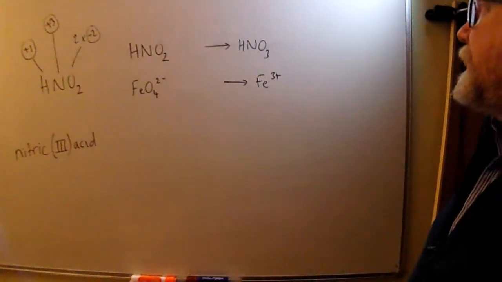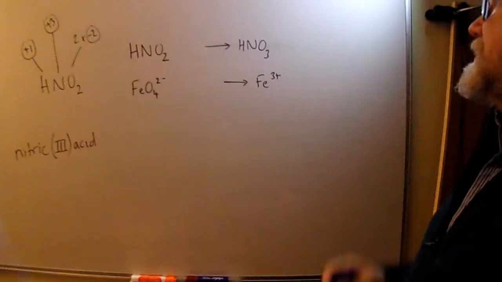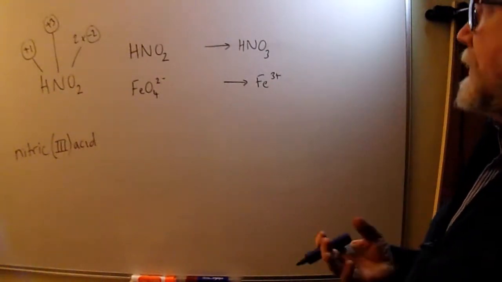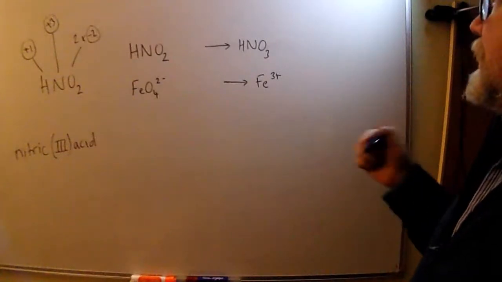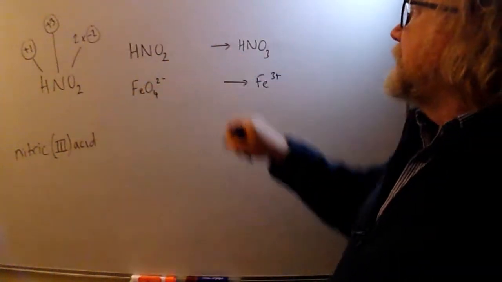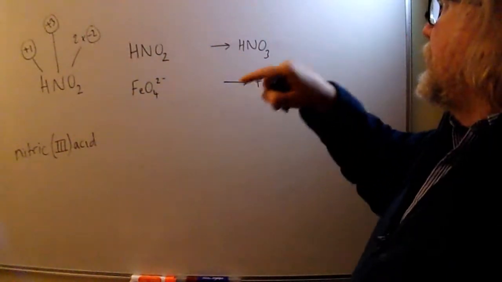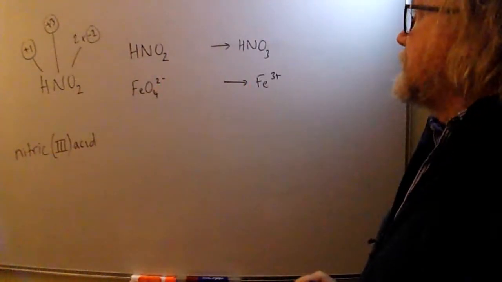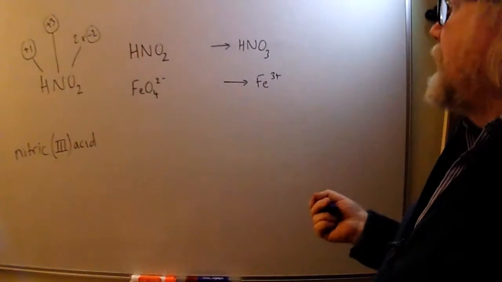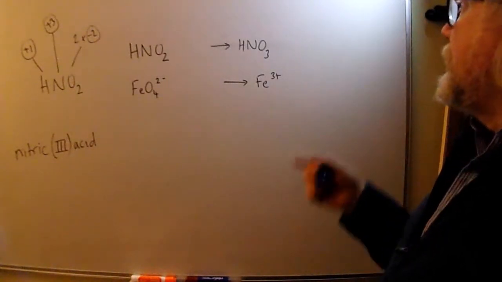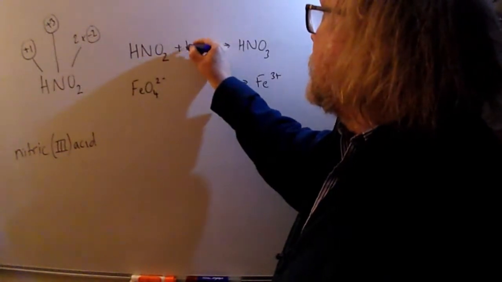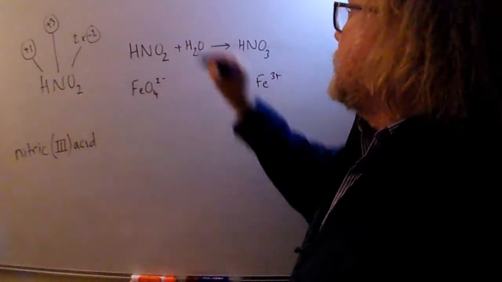So then we have to construct half equations for these, and if you've learnt the recipe, that's very straightforward. You've got to go through it carefully, but there's no kind of uncertainty that it'll work out. So for this one, you balance the elements that aren't hydrogen and oxygen. Well, they're already balanced, the nitrogens. Then you balance the oxygens by putting waters in, and you can see 3 on this side, 2 on this side, so we need an extra water on that side.